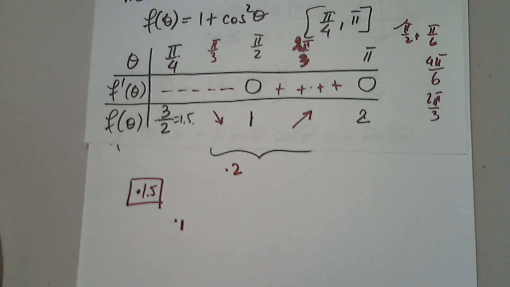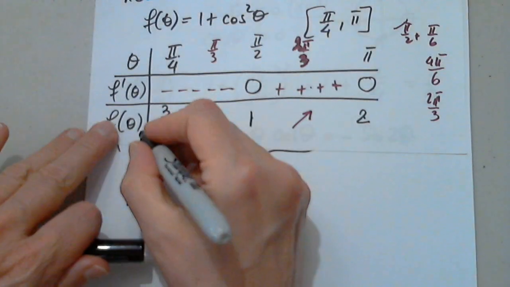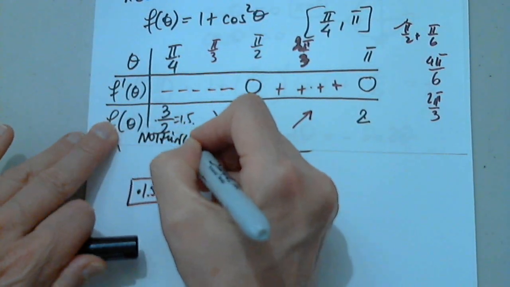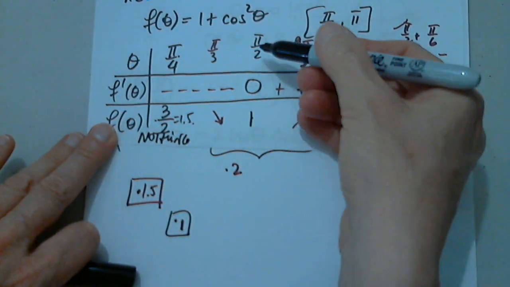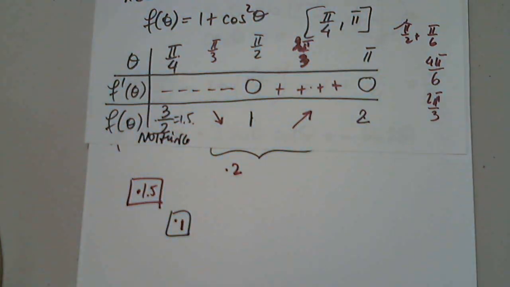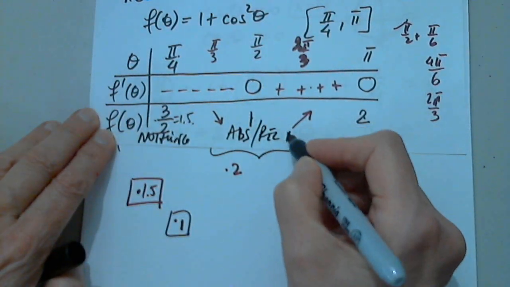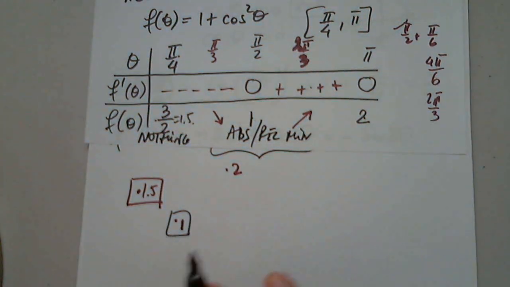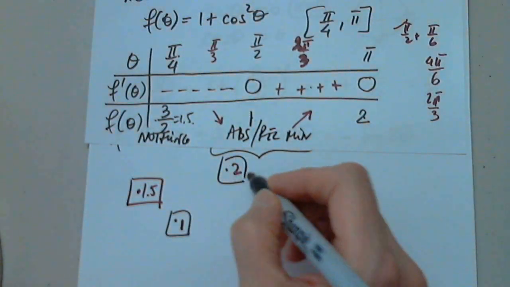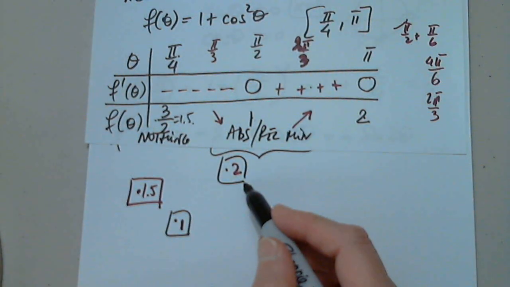For this function, what is it? Nothing. Nothing, indeed. What type of point is pi over 2, comma 1? Minimum? Yes, absolute and relative minimum. Absolutely. Perfect. Awesome. What type of point is pi, comma 2 for this function?